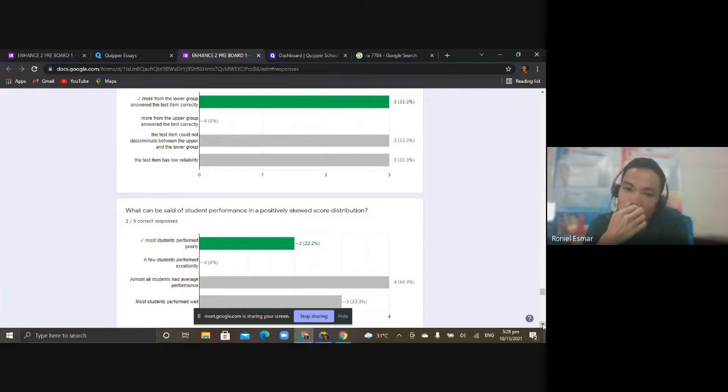That's the strategy, it's always the same. So if it points to the positive part of the Cartesian plane, or positively skewed, the thumb is pointing downward, which means the students have low scores. And again, that could be interpreted as most students perform poorly.